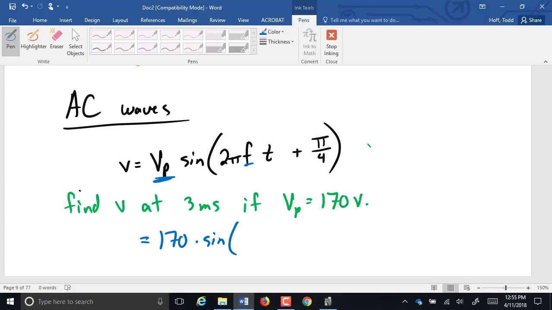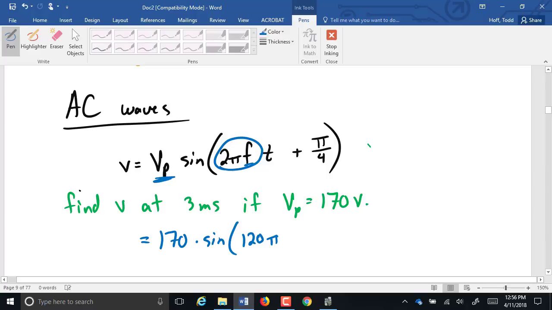Standard AC frequency is 60, right? So 2 pi F is 2 times pi times 60. I'm going to write that in as 120 pi. What goes in for T? 0.003 for 3 milliseconds plus pi over 4.